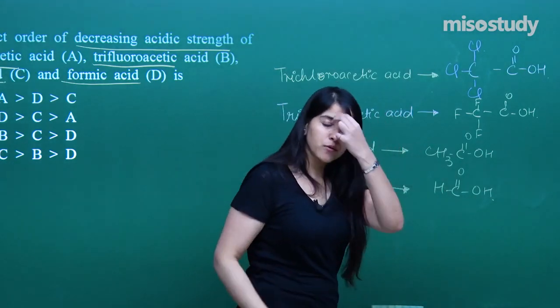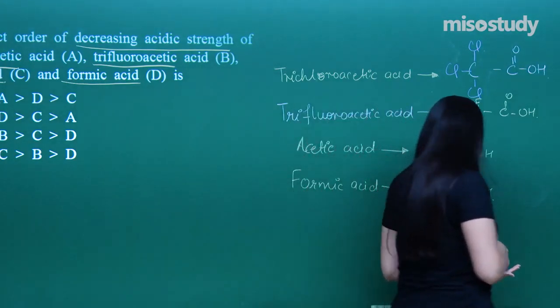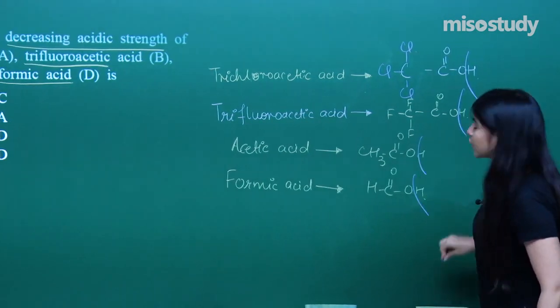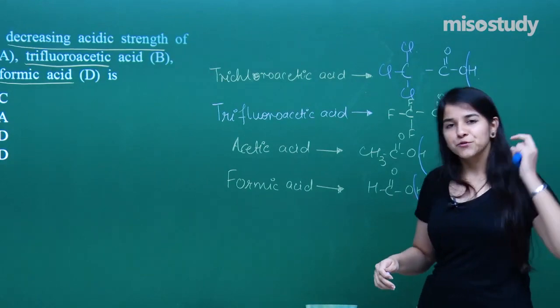Now we have got the 4 options. We need to arrange the acidic strengths. So the hydrogen over here, which I am marking it out, if this goes off very easily, it would be a better acid. So out of the 4, which one is the better, we need to find out.